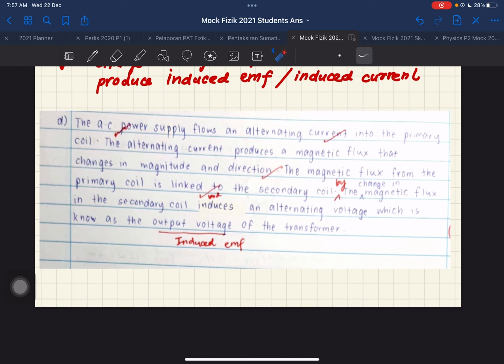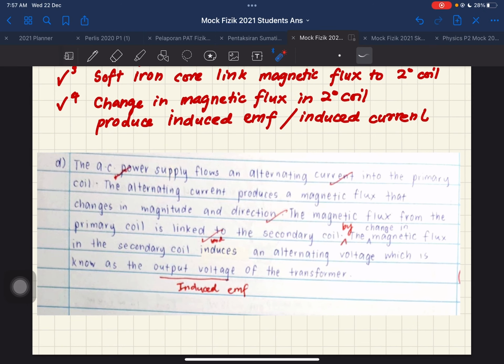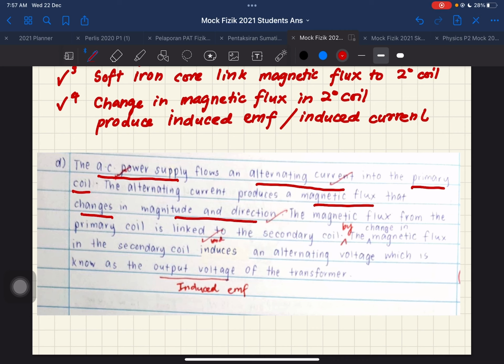Alright, look at my student's answer. See, the alternating current power supply flows an alternating current into the primary coil. That is the first tick. Second sentence, the alternating current produces magnetic flux that changes in magnitude and direction. So this is tick number 2.